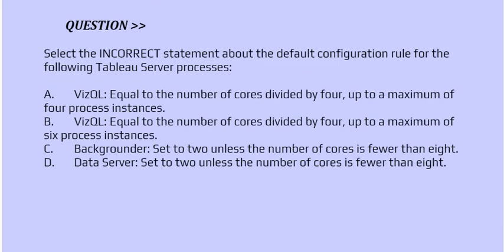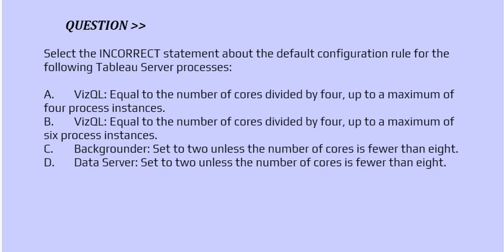Next question is, select the incorrect statement about the default configuration rule for the following Tableau server processes. Option A. VizQL equal to the number of cores divided by 4 up to a maximum of 4 process instances.